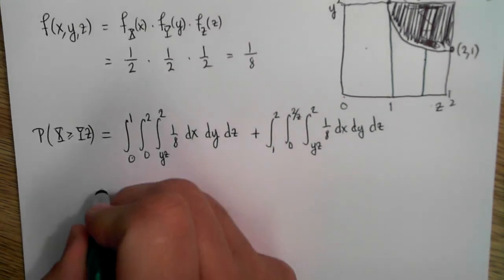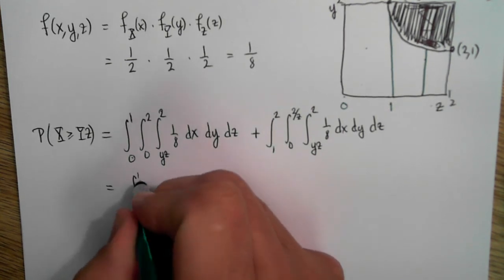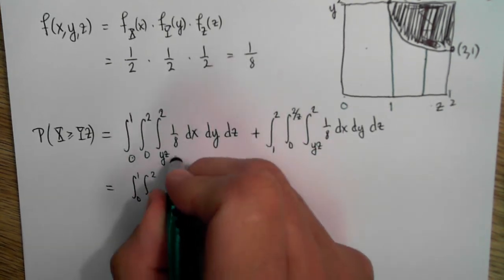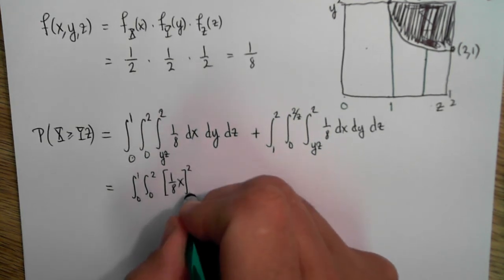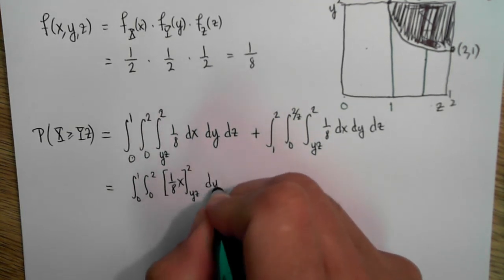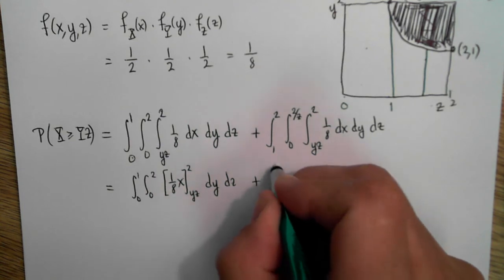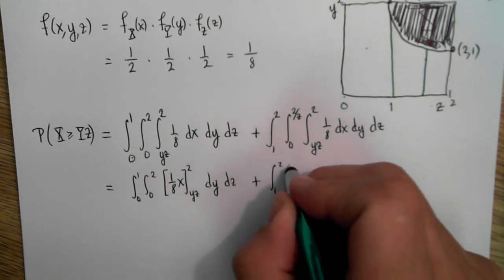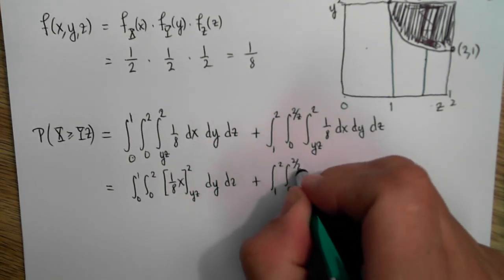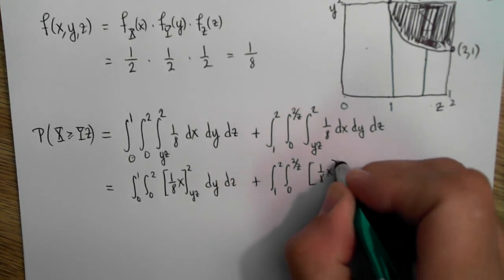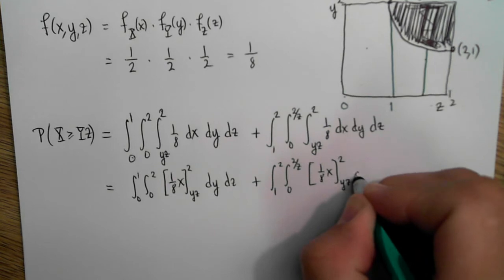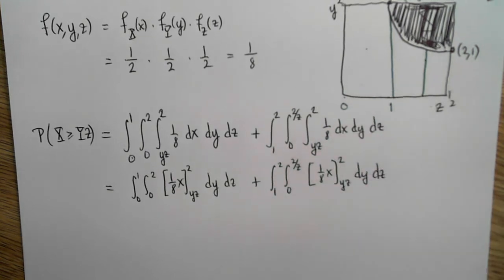Okay, now we just do it. We have the integral from 0 to 1, integral from 0 to 2. The inner integral is 1/8 x evaluated from y times z to 2, dy dz. Then the integral from 1 to 2, integral from 0 to 2 over z, and then again 1/8 x evaluated from y times z to 2, dy dz.